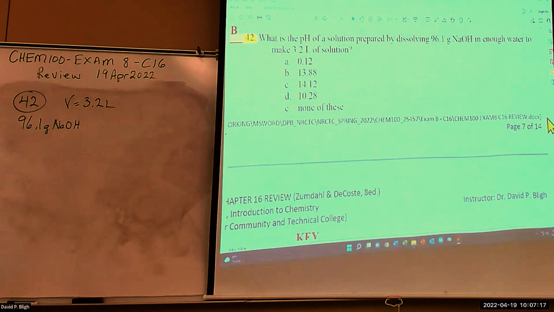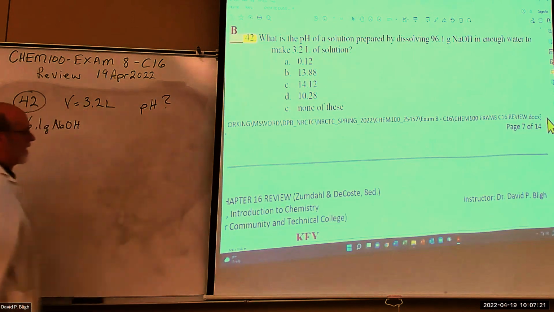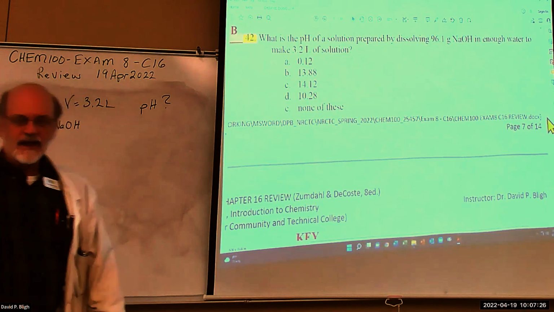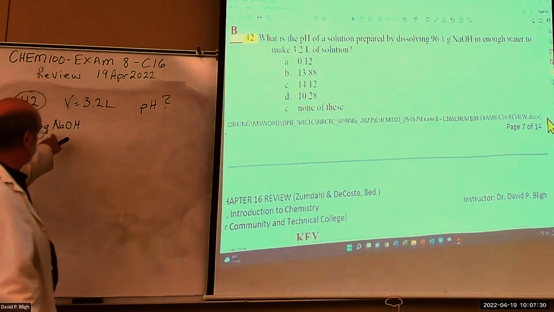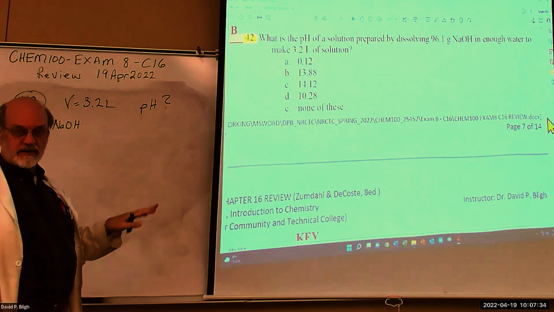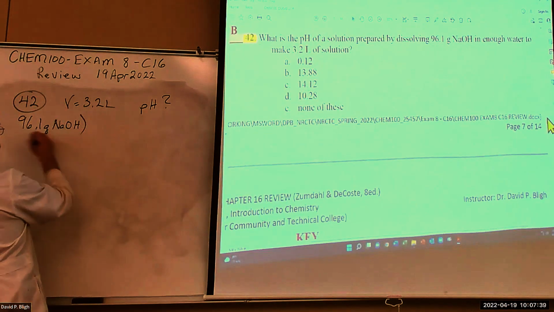All right. And he wants to know the pH. What are we going to do? We're going to have to calculate the hydroxyl ion concentration first because that's what we have. This many grams in water completely dissociates. But we don't know the number of moles yet. We need to know the number of moles.